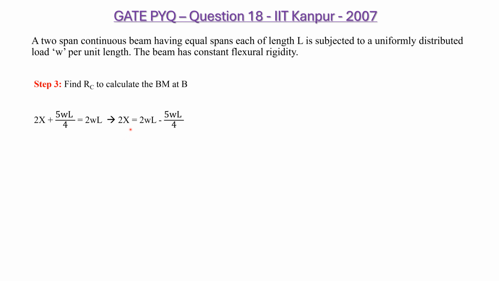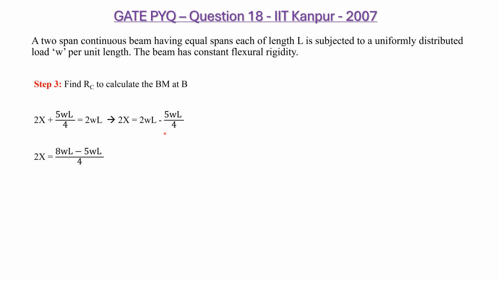Now using this we are going to calculate X here, that is nothing but our reaction at C. Therefore 2X will be equal to 2WL. I am sending this plus 5WL/4 to the right hand side of the equal sign, that is equal to 2WL minus 5WL/4.